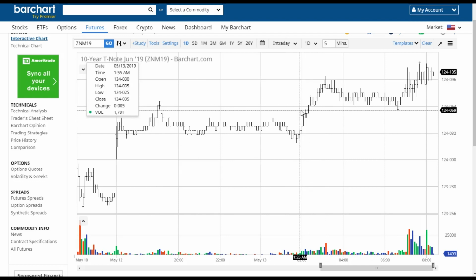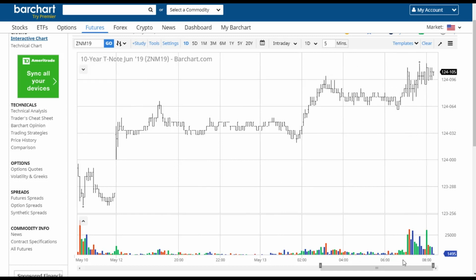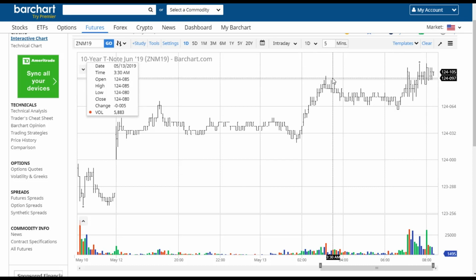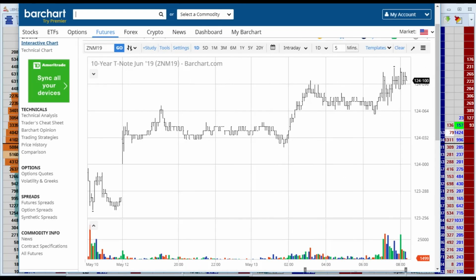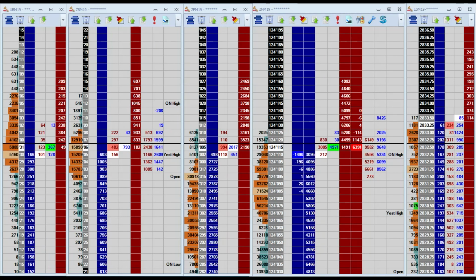It popped up over previous high, came back down to support right here, and then kept going higher. And we're going to look for probably 9.5, 10 even as support for an additional move higher, right around this area, which should be the overnight high.